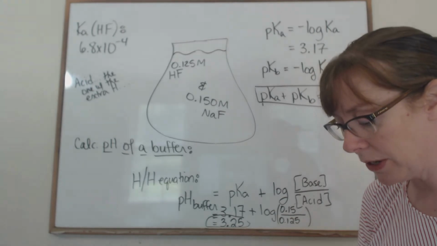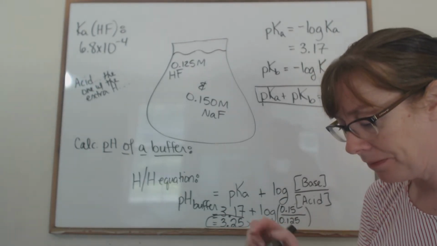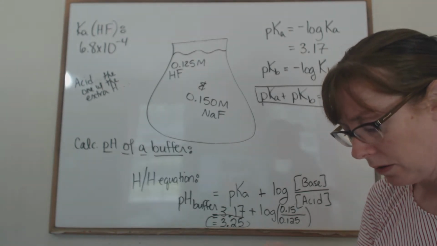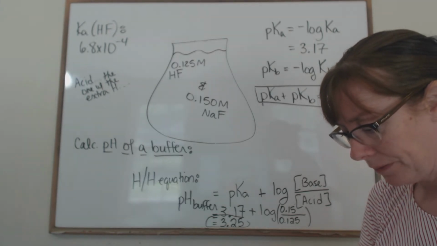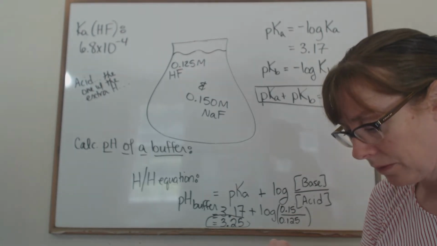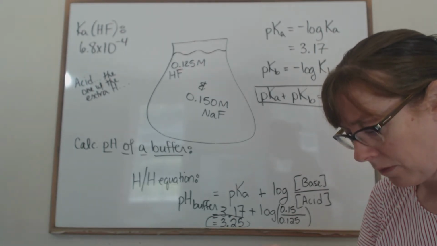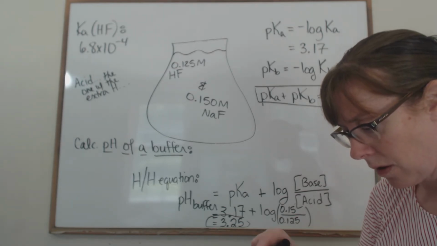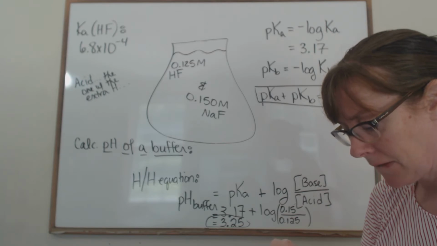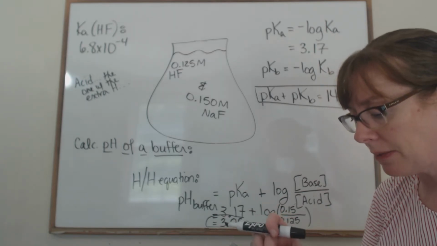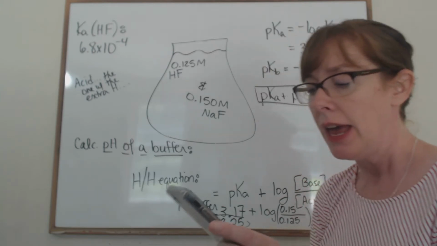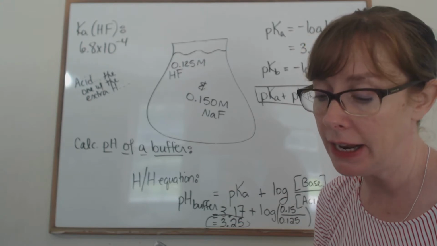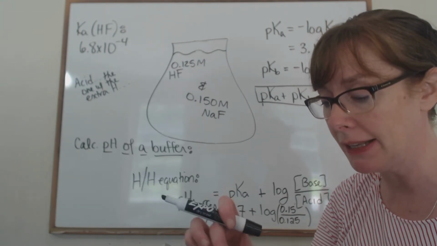Just looking at your homework questions that you sent me, let me pull that up real quick. For instance, there's one that you sent me that says part A, a solution that is 0.195 molar in acetic acid and 0.125 molar in potassium acetate.